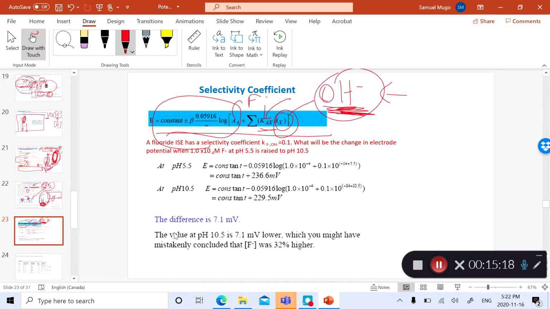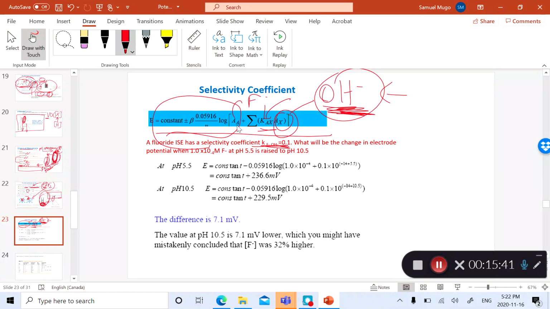So you may have a problem like this. You've got a fluoride ion selective electrode. It has a selectivity coefficient of 0.1 relative to the hydroxide. And so the question is, what will be the change in electrode potential when you have this concentration but at two different pH? All right.